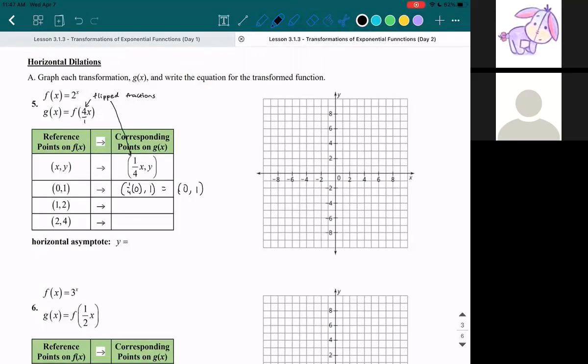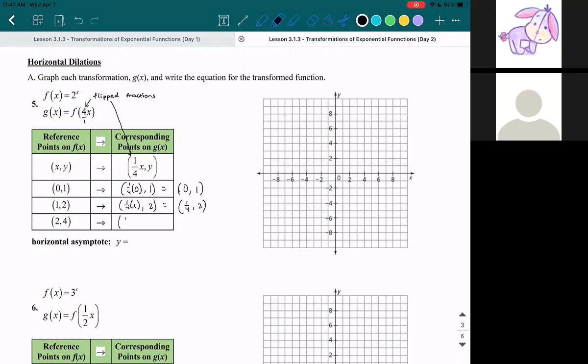And then for 1, 2, 1/4 times 1. And then the y value remains unchanged. And then this is going to give us 1/4 times 1 is just 1/4, because anything times 1 is just the anything.